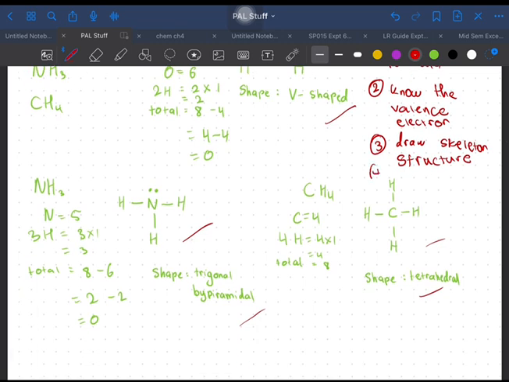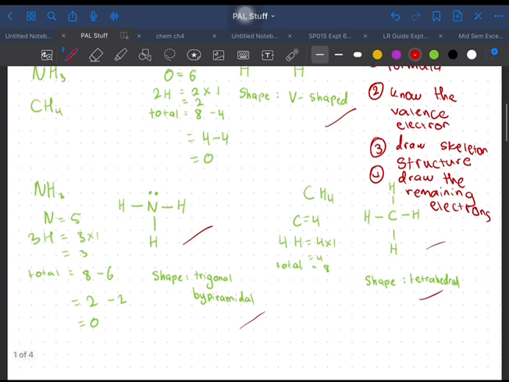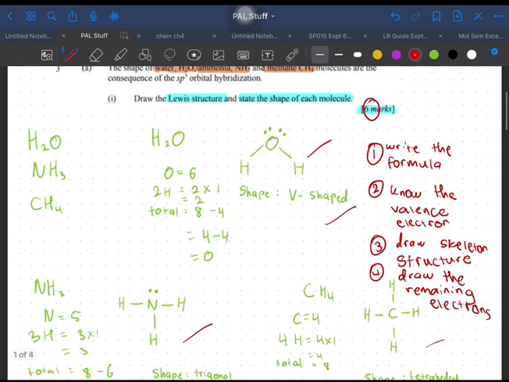And 4, draw the remaining electrons. So if we stick to these four steps, these are my rules.